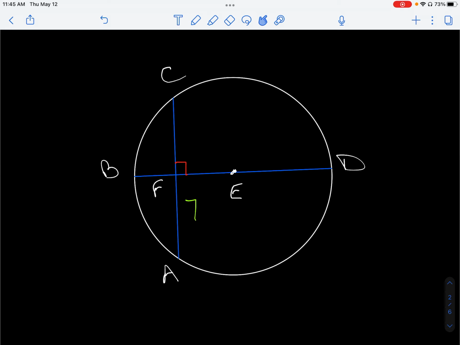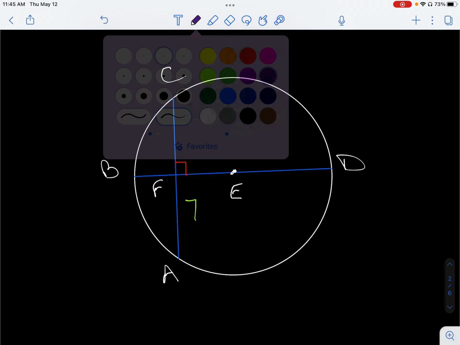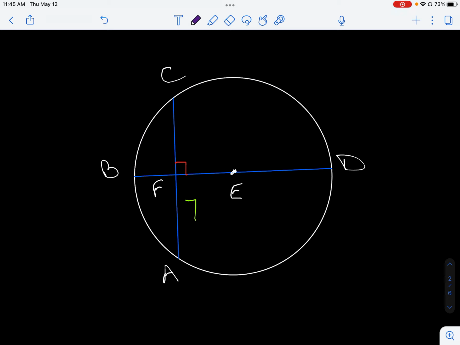So let's take a look at an example of how we would apply this. If we wanted to find, let's go to purple, AC equals what? Well, BD goes through the middle, so it's a diameter. It hits AC at a right angle.